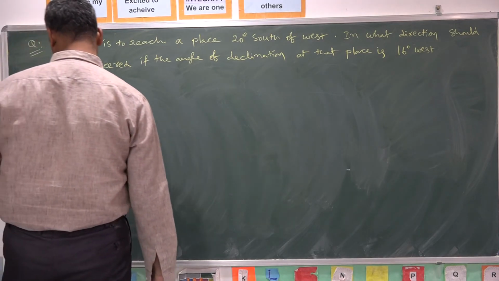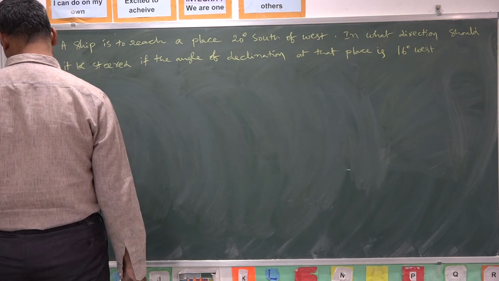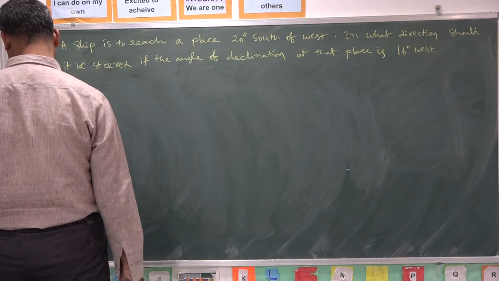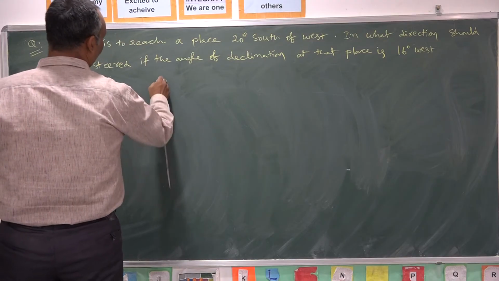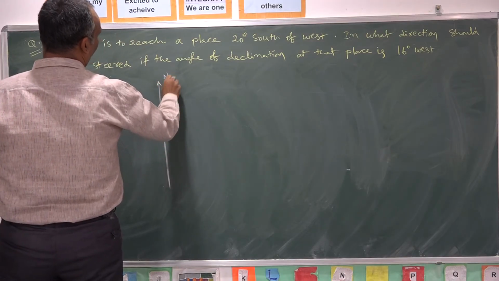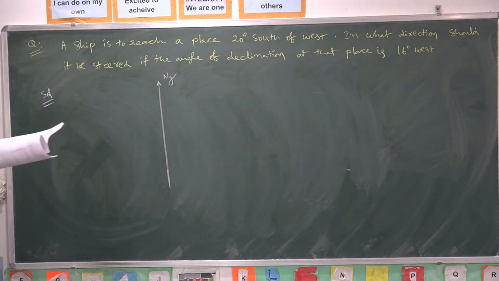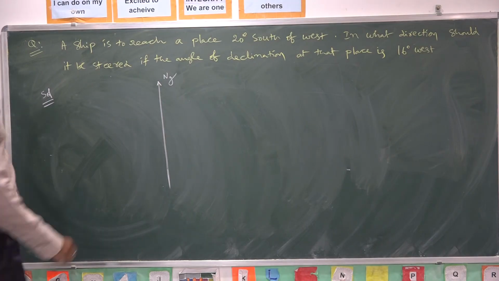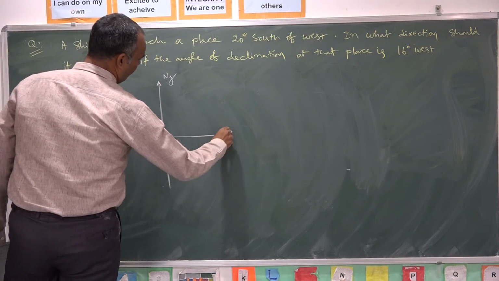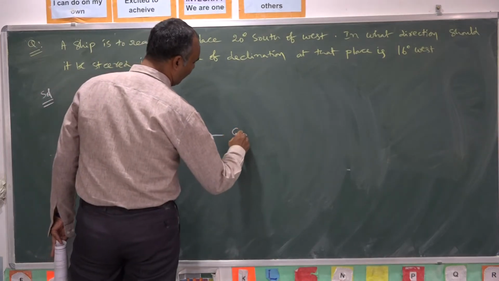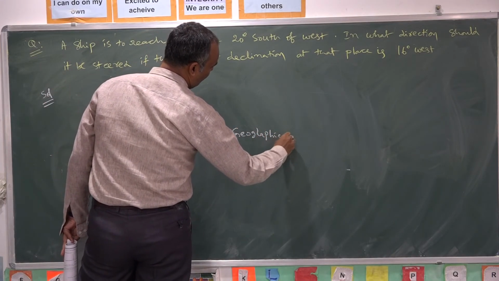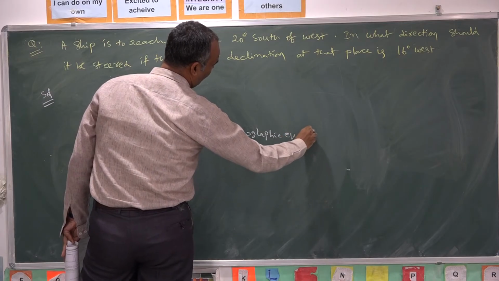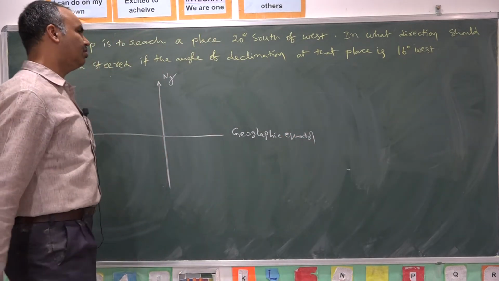Suppose this is geographic north. NG stands for geographic north. Then this is the geographic equator, or equatorial plane, anything you can take.